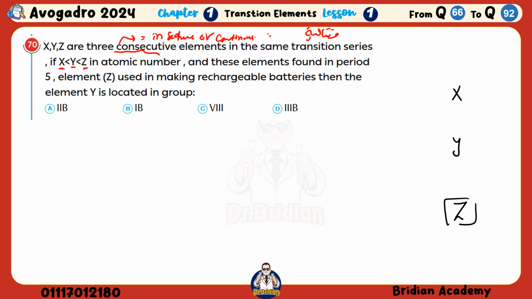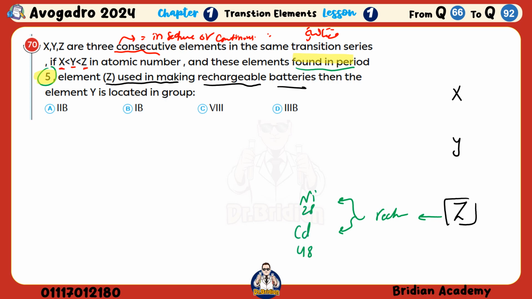This element is found in period 5, which is the key word of this question. Element Z is used in making rechargeable batteries. Rechargeable batteries consist of two elements, nickel 28 and cadmium 48.